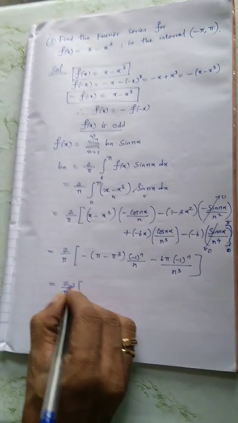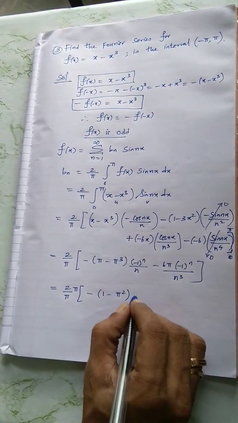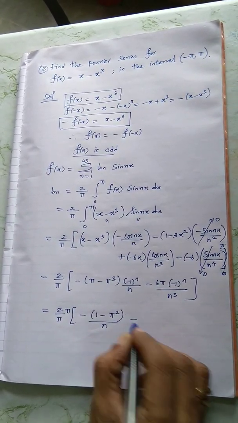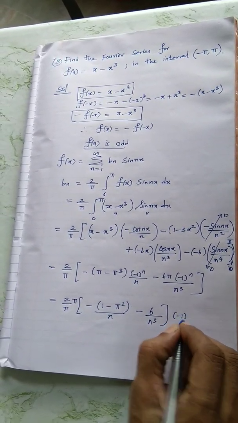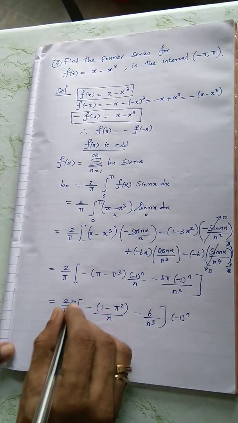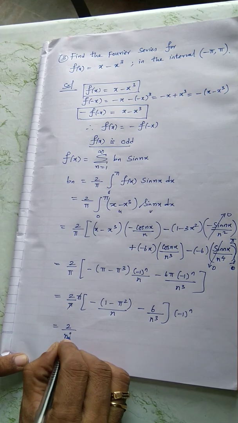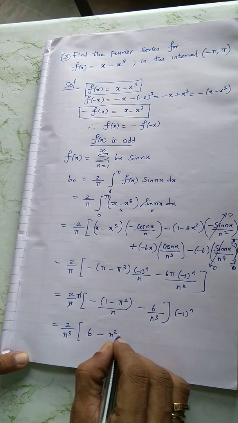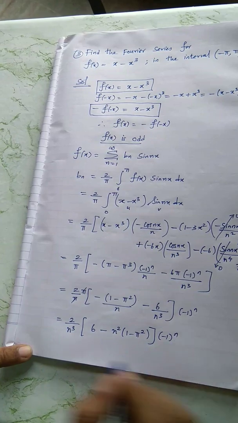If you take pi common, minus 1 minus pi square, and minus 1 power n is also common, divided by n, minus 6 by n cube, minus 1 power n. I am taking minus 1 power n common, pi is also common. Maximum I can simplify, these two I can cancel out. So 2 by n cube, take LCM: 6 minus n square times 1 minus pi square, minus 1 power n.